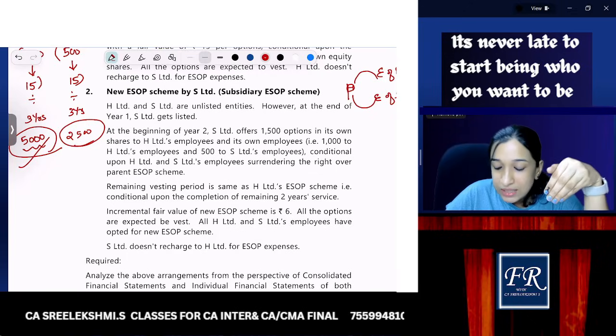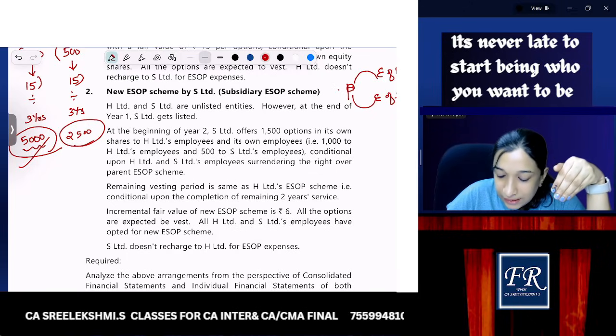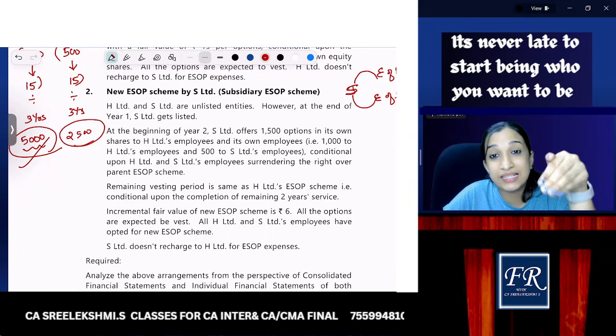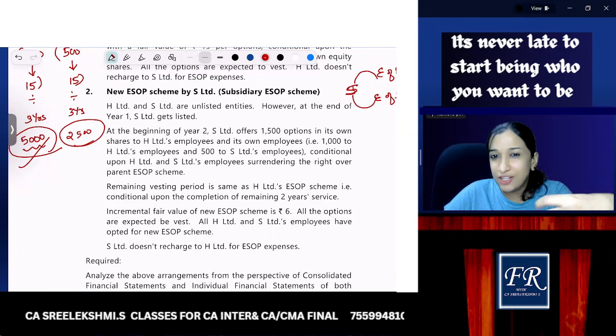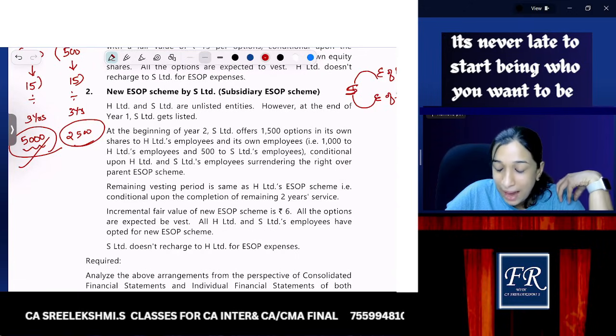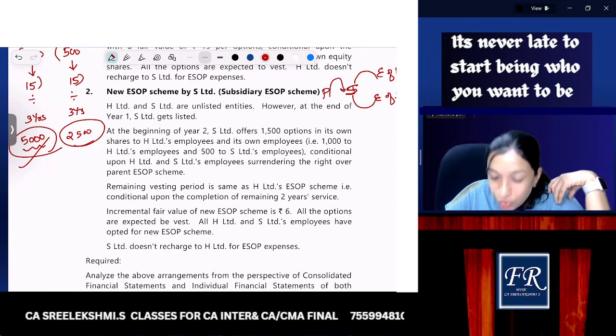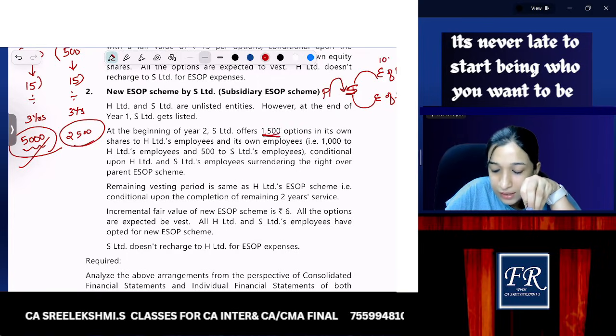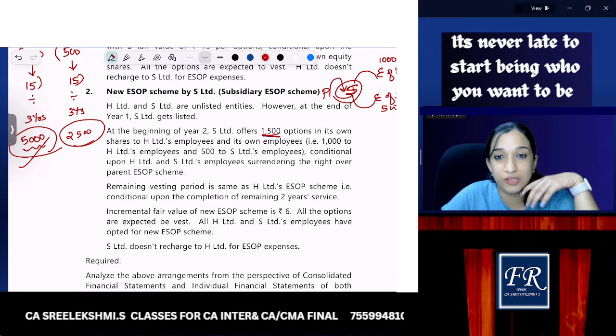But now suddenly they have decided the settler has changed. The issuer has changed. The parent company has given the right to issue shares to the subsidiary company, and the subsidiary company will be offering 1,500, the same 1,000 and 500, but now it will be issued by the subsidiary.